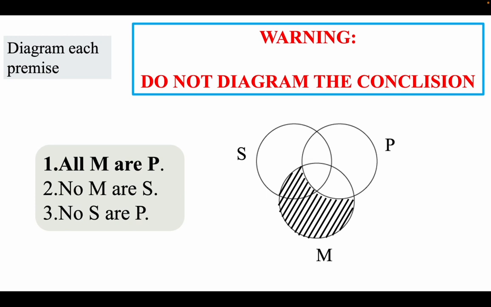Well, if you recall, each categorical statement is represented by a specific diagram using Venn diagrams. And if you don't remember what they look like, just go back to my previous video where I explain what they look like.